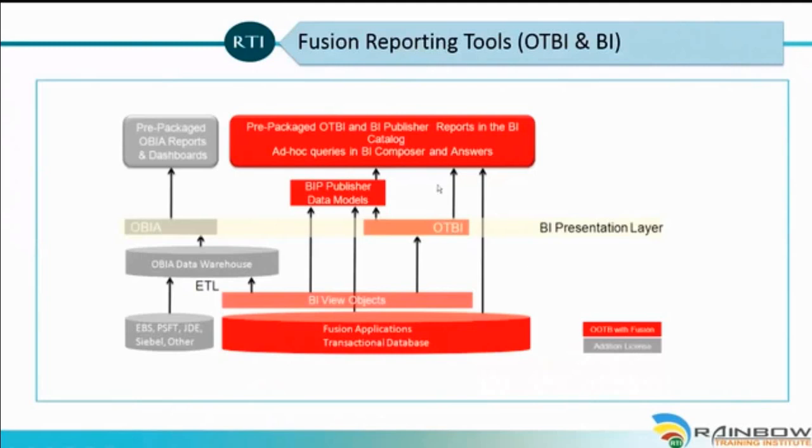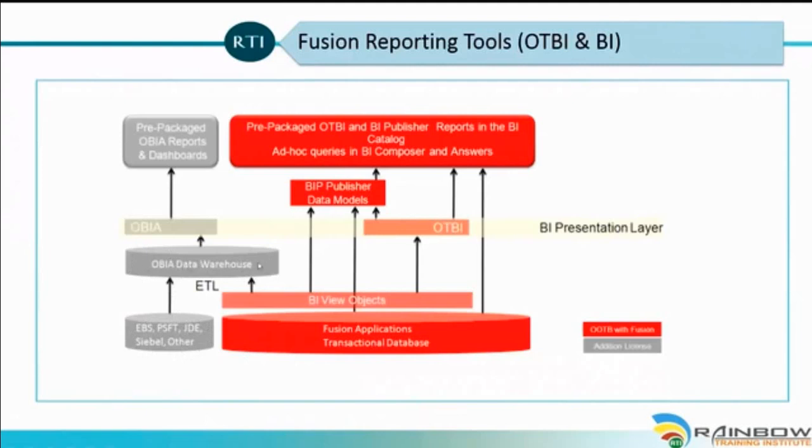In the SaaS model, we only have access to the Fusion application, that is the transactional database. If you want access to other application sources, maybe other database sources like EBS, PeopleSoft, JD Edwards, Siebel, typically we need additional licensing to get the OBIA data warehouse.